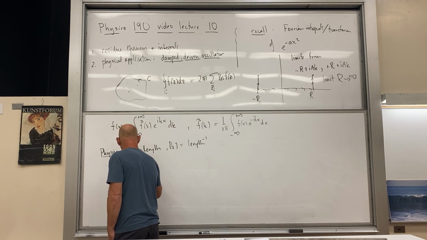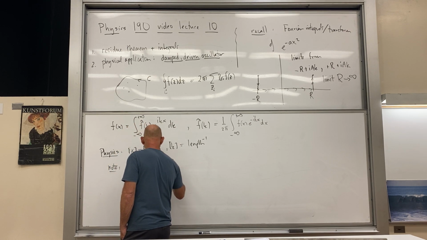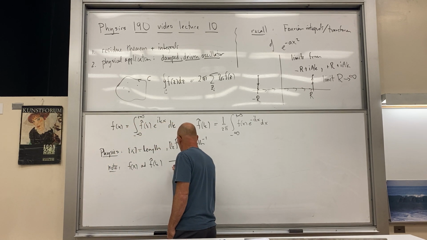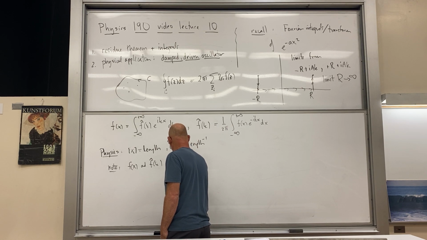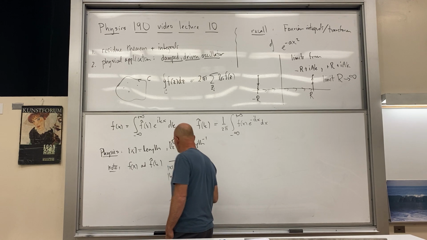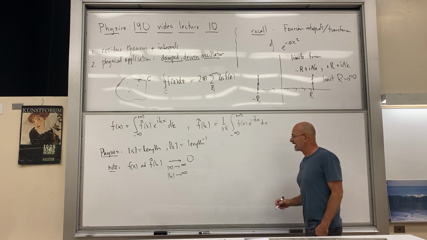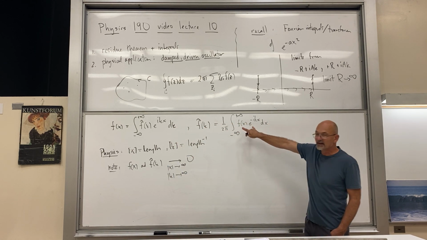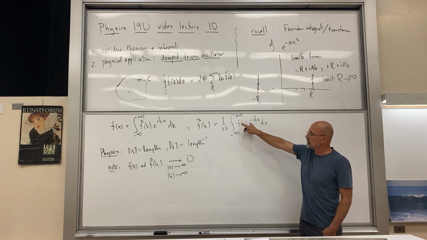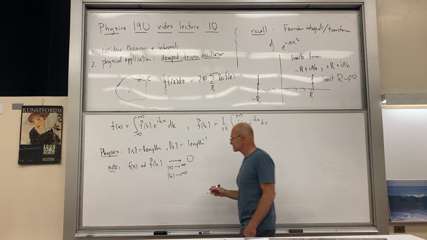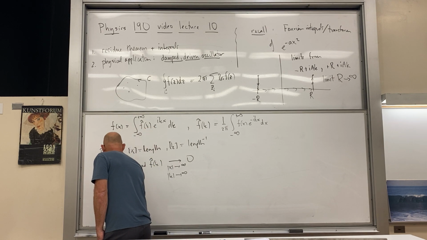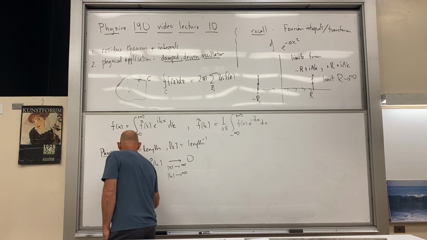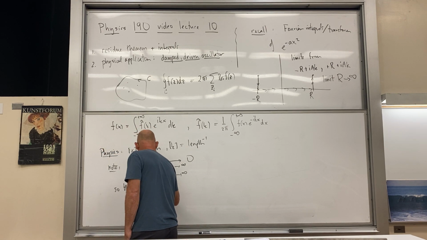So f of x and f hat of k go to 0 as x goes to infinity, k magnitude goes to infinity, respectively. And they have to go sufficiently fast so that the integrals will converge.